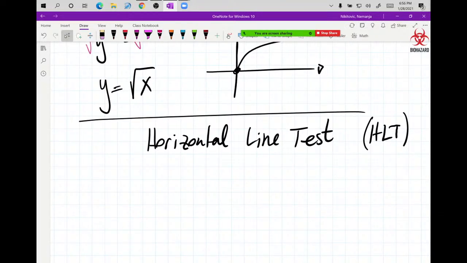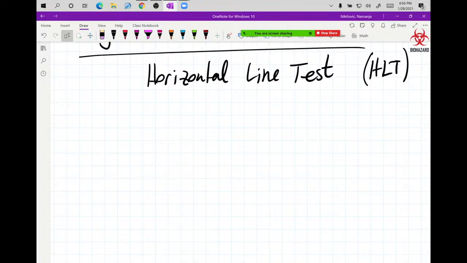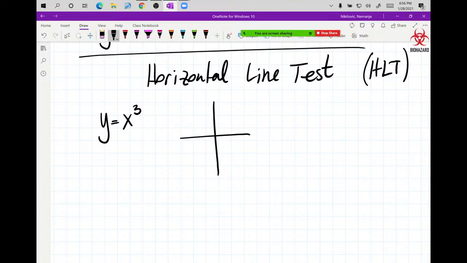Well, let's take a look at our two functions from before. Let's take plain vanilla x cubed. Y equals x cubed. If you don't know its graph, it's time to get busy with a chart of values. If you know the graph, you just draw the graph and move along with your life.